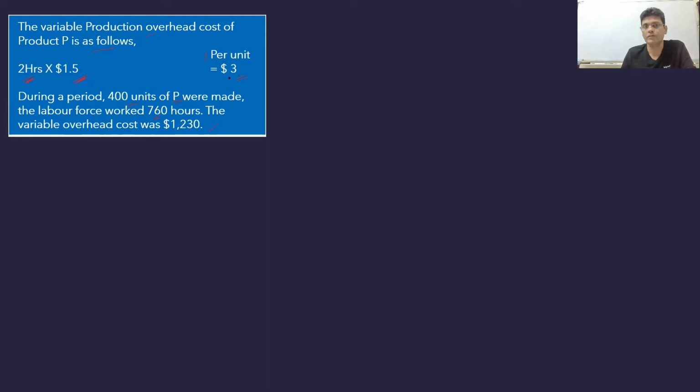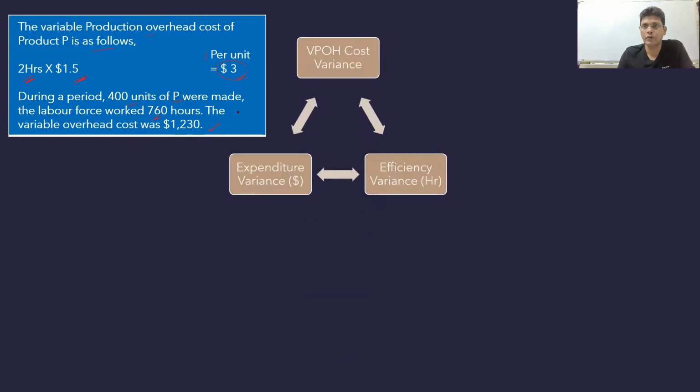So therefore, to produce 1 unit, you need $3. Okay. So during a period, 400 units were made, and they actually worked 760 hours. They incurred $1,230.